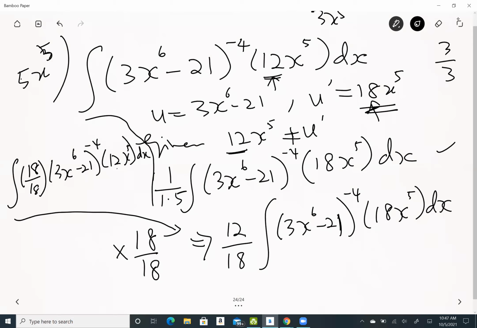So now, how do you multiply that? You must be thinking 5 multiplied by 2 point how much. So what you do, you don't worry about the constant that you have. You simply multiply by 18/18, and then you make adjustment with that 5. Any questions? Okay, good. So that is the general power rule.